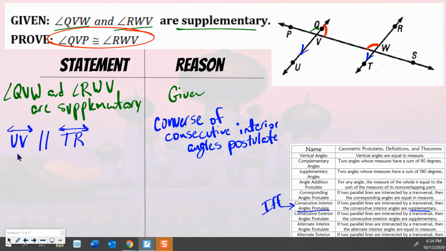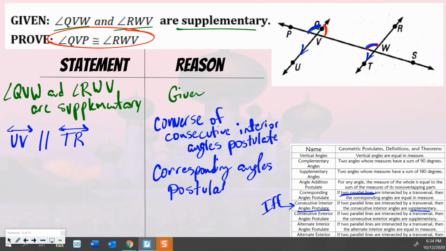Then from there, I actually can already assume that my proven statement is true, because these two angles are corresponding angles in a set of parallel lines. So by the corresponding angles postulate, I can jump right to my proven statement, my eventually proven statement.